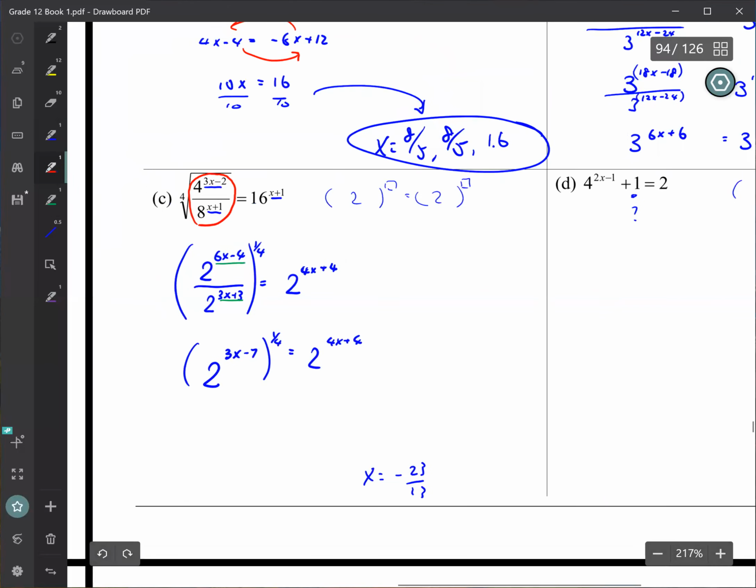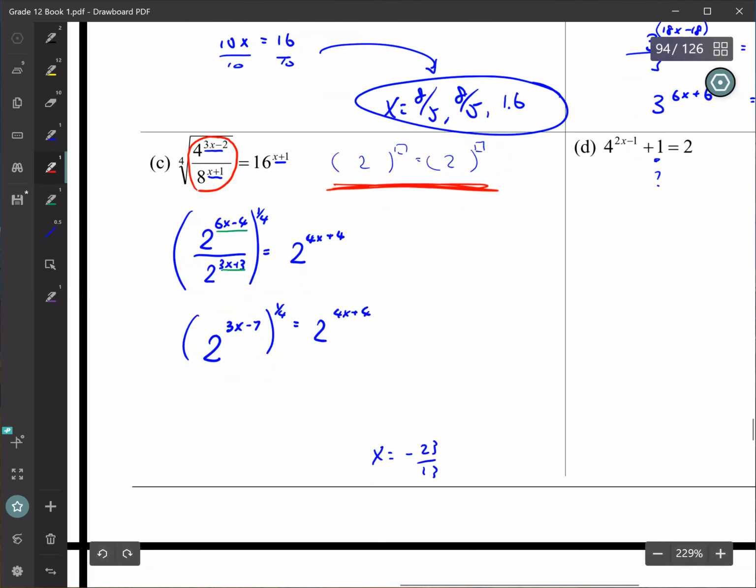You can only drop the base once you get to this form, right? A 2 to something, 2 to something. Okay, so we can simplify even more. Multiply the exponent, so that will give you 3x minus 7 over 4, 2 to the 4x plus 4. So once you get here, then we can drop the base. Okay, and then focus on the exponent.